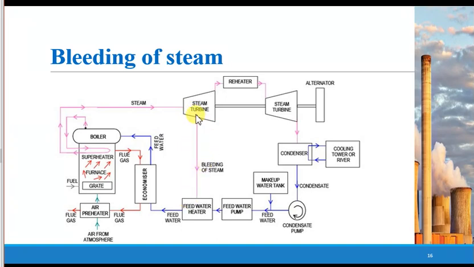We are taking steam from here, and when we enter this steam into the feed water heater, it is called bleeding of steam. This is a very important phenomenon which you should know before discussing the feed water heater.